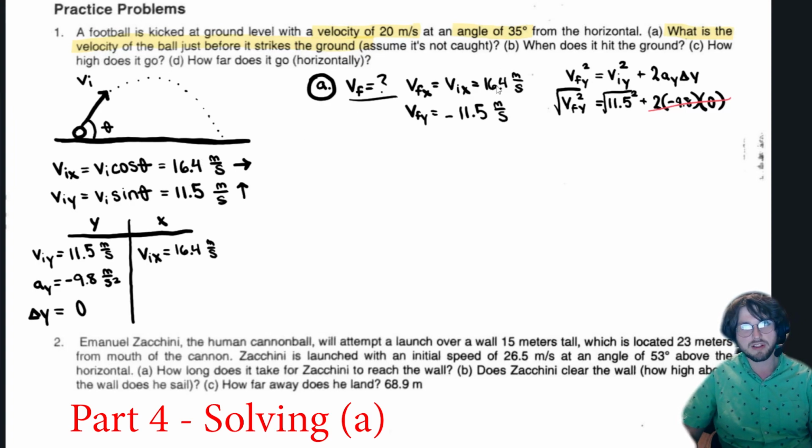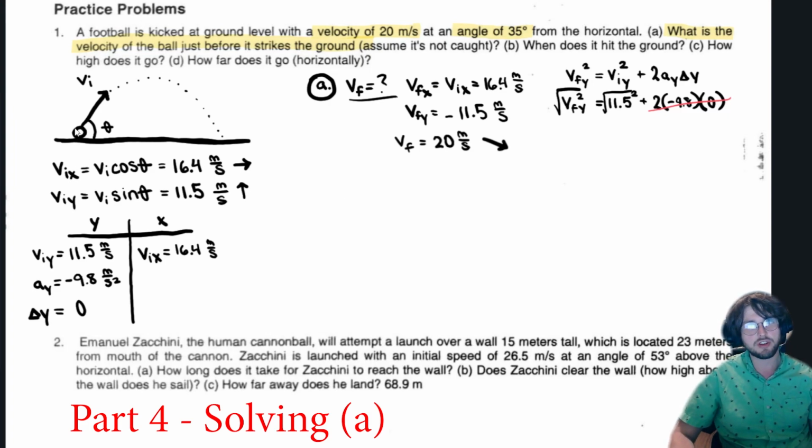So then if you were to plug these values into the Pythagorean theorem to get the hypotenuse of your final velocity there, you would find that Vf, weirdly, would have to just equal 20 meters per second again, and it would be down and to the right. Weird.